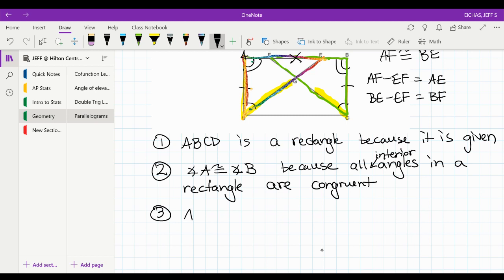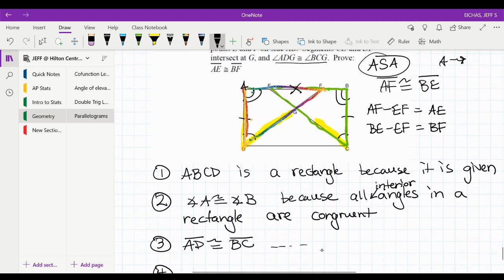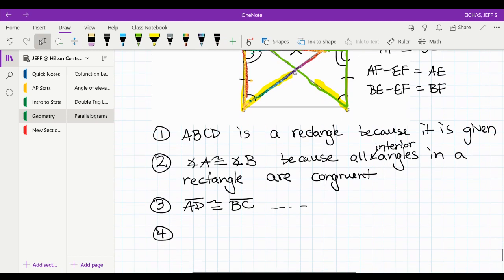Now it's going to be AD is congruent to BC. You fill this in as I say it. It's opposite sides in a rectangle are congruent. Yes, that's also a parallelogram property, but make sure you say rectangle. Don't say parallelogram. Next, they told us ADG was the same as BCG, so we'll write that down.